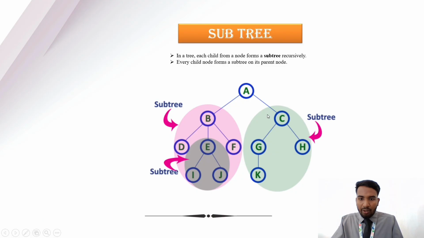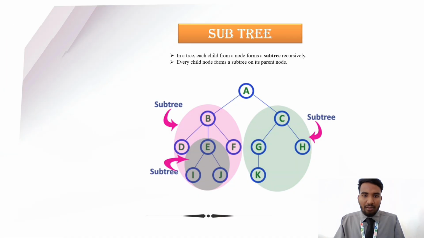And another we can see, C, G, H, K, this is another subtree because this tree lies in the main tree. So the whole tree is known as the tree, and a particular part is called a subtree.